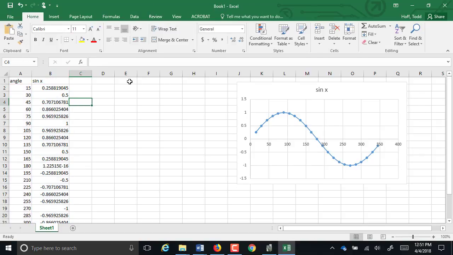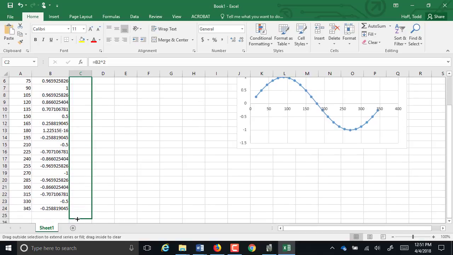RMS means the root of the mean of the square, which means you do the square first. So the square is going to be that number squared. So we square each of those values.